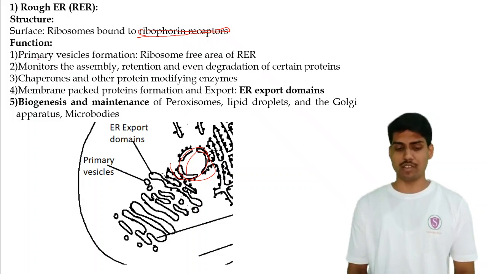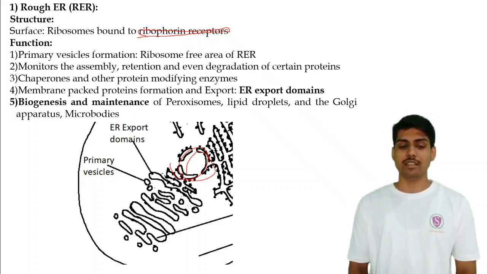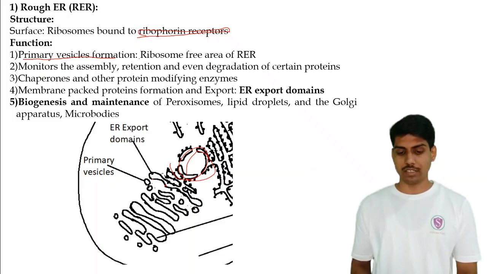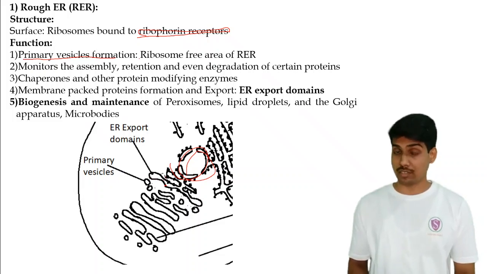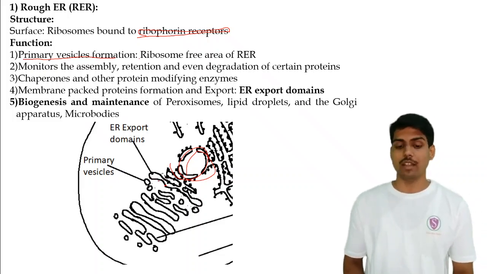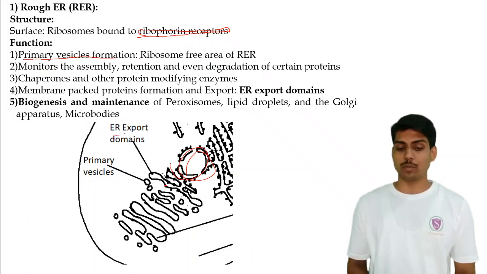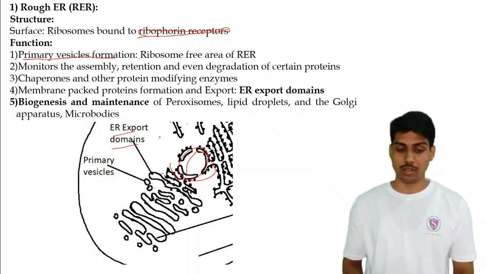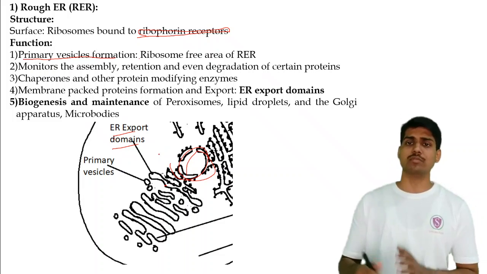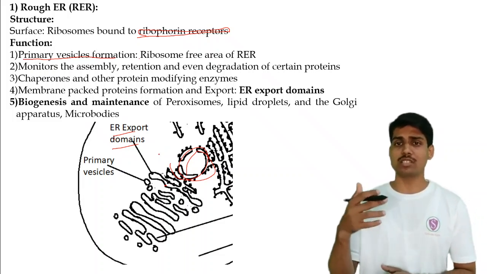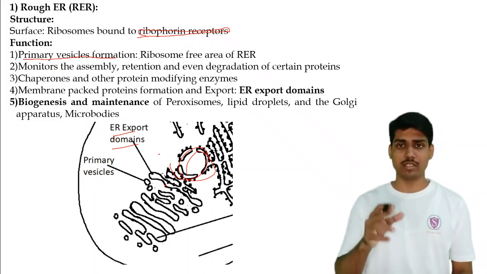So what are some other functions? The formation of the primary vesicle. Where are these primary vesicles formed? This is part of the rough endoplasmic reticulum. It is an extended part of it, also called the endoplasmic reticulum export domain, from where proteins or enzymes are exported in the form of various vesicles.